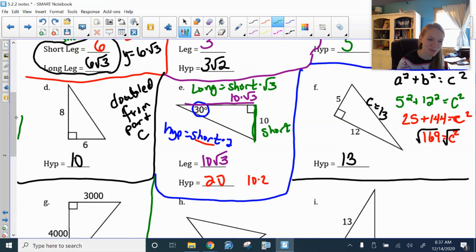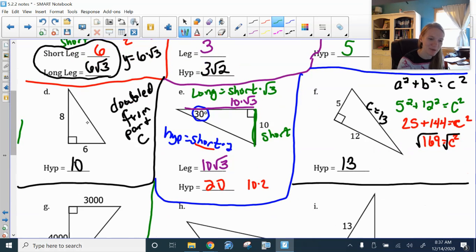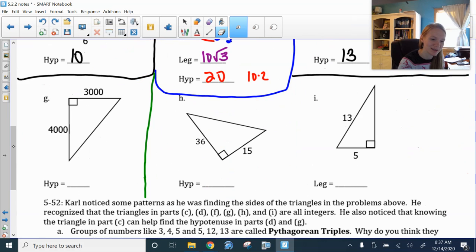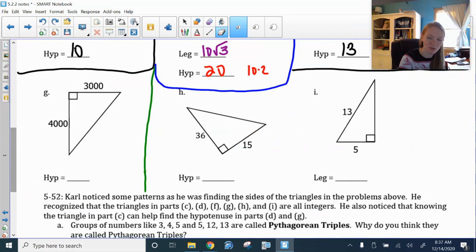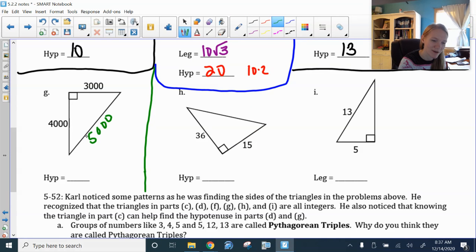This is just a multiple, just like how the one right above it was doubled from part C to get its answer. This one is also just a multiple from part C. C had a 3 and a 4 with 5 for the hypotenuse. This one has 3,000 and 4,000, which means our hypotenuse should just be 5,000.